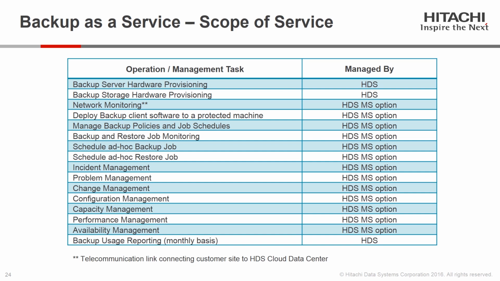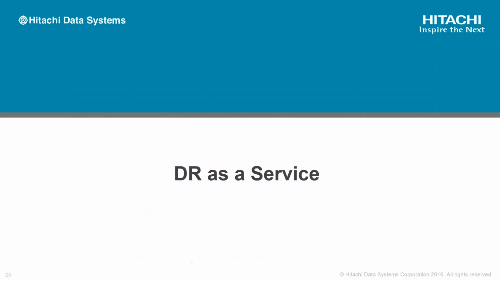Backup server and storage hardware provisioning, and monthly backup usage reporting, are included as part of the base backup as a service offering to customers. For more comprehensive operation and management tasks, customers can go to the Managed Services option, which extends the services to tasks like ad hoc backup and restore, performance management, managing backup policies, and job schedules.